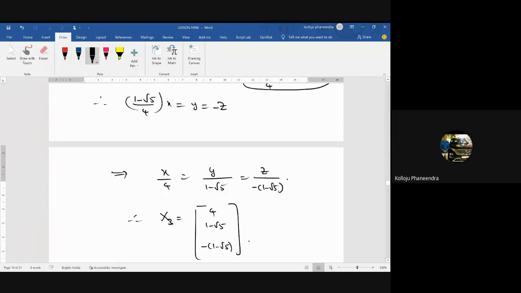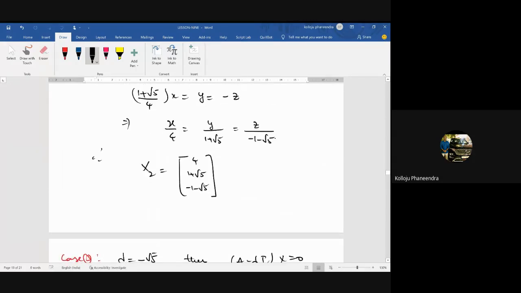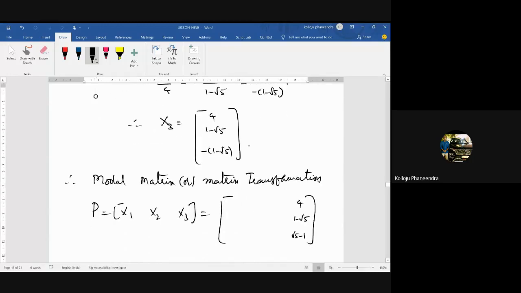And the second eigenvector is 4, 1 plus root 5, 1 minus root 5. What is the first eigenvector? Anyone? 1. I think y I got 0. Check it. Correct? Yes, sir.